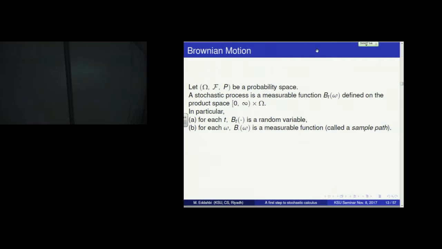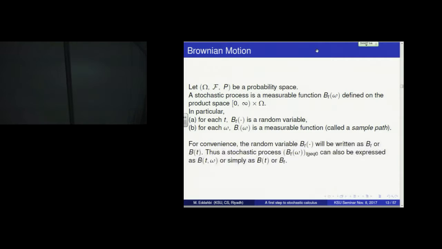So for each t, what does this mean? If I fix time t, then B_t is a random variable. It's a measurable function. And if I fix omega, this is a measurable function of time. And this is called the path, the trajectory.